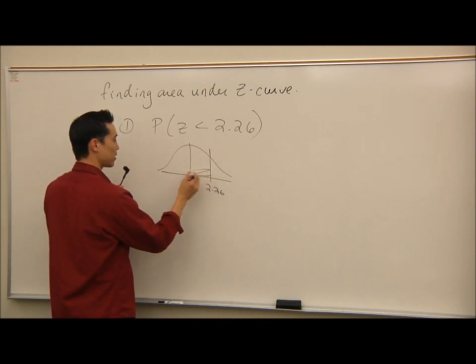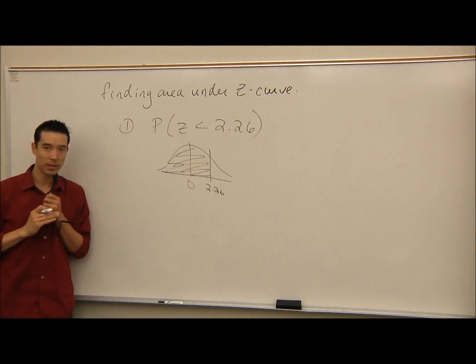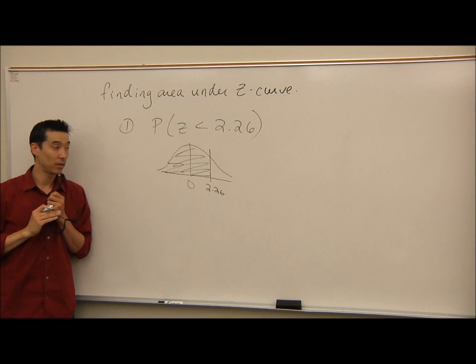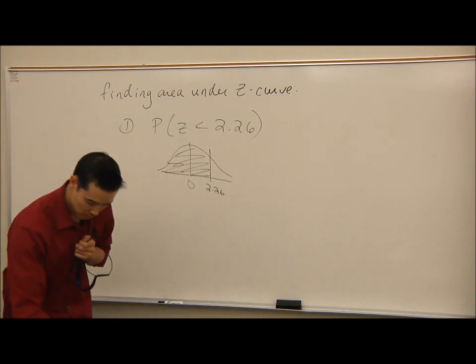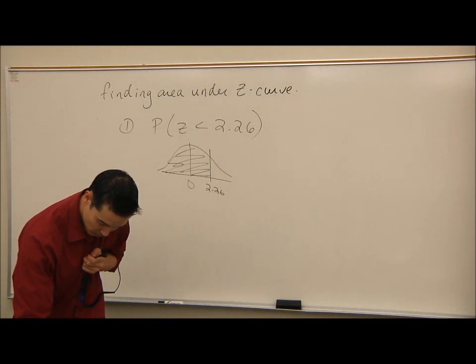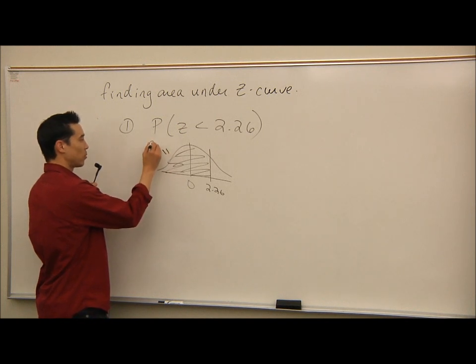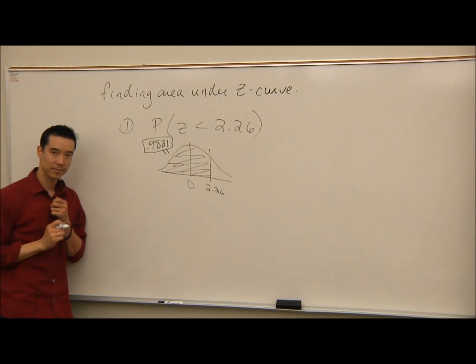And I want the area to the left. Should be a relatively easy problem because all I have to do is look up 2.26 in the chart, right? And it gives me .9881. Yep. So your answer is 0.9881. Okay?